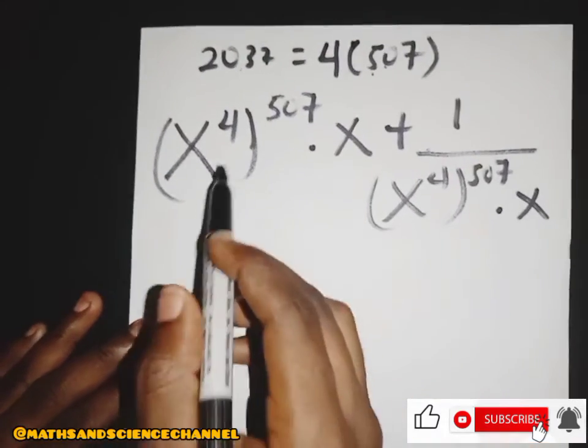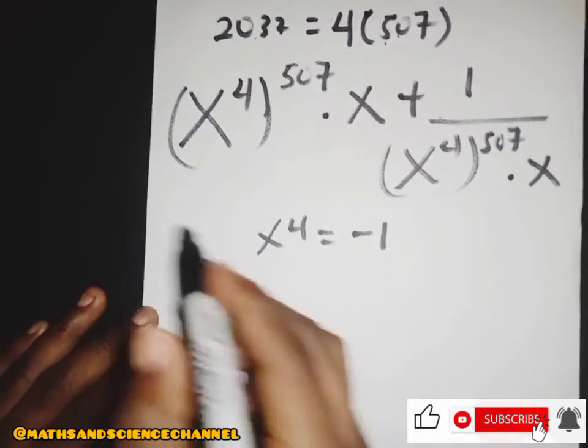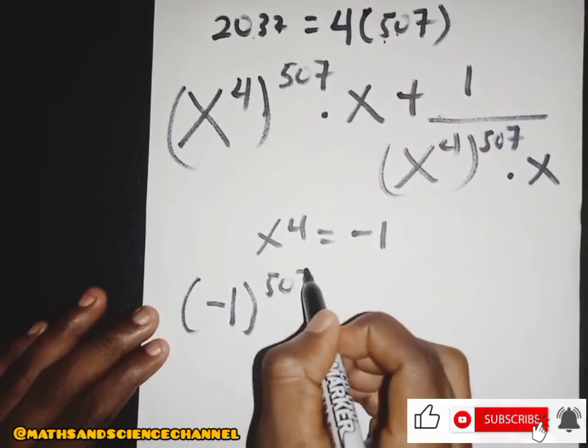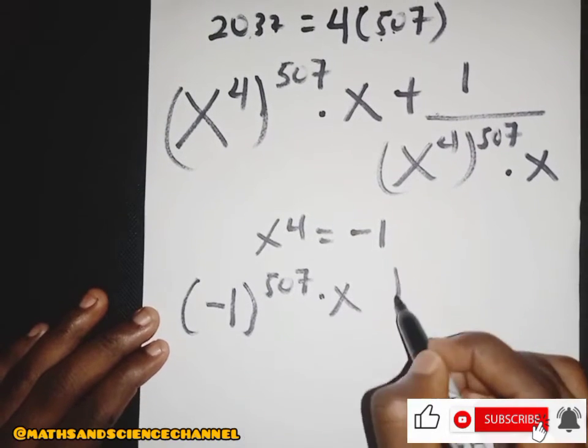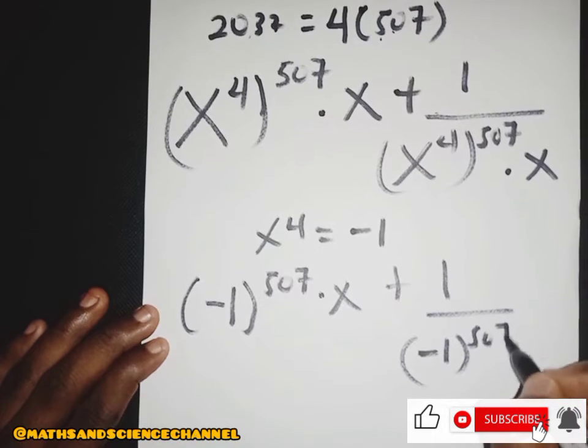But remember, we said that s to the power 4 equals -1. So if that is the case, then the whole of this goes into -1, and then we are just left with that. So this all goes to (-1)^507.